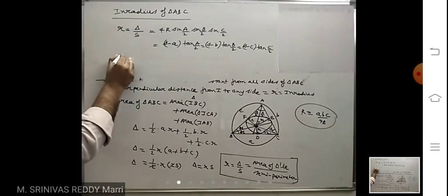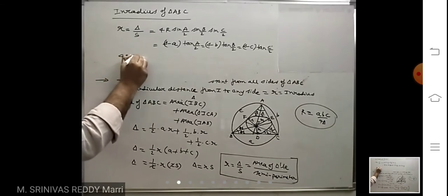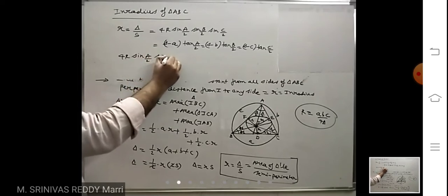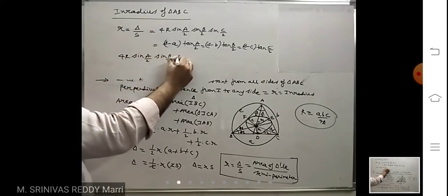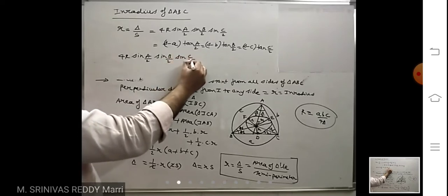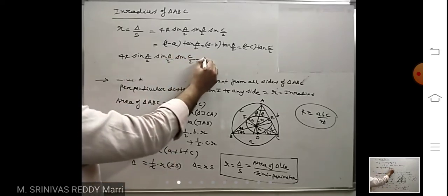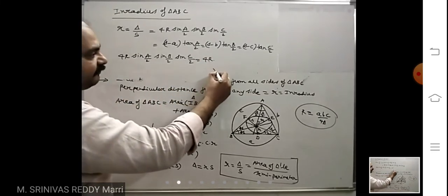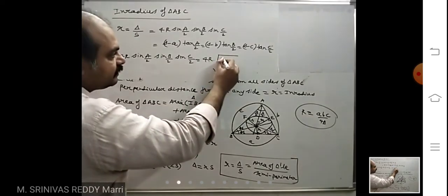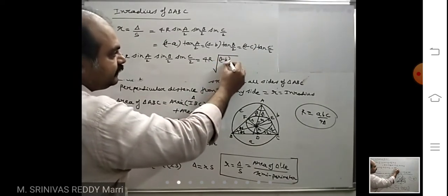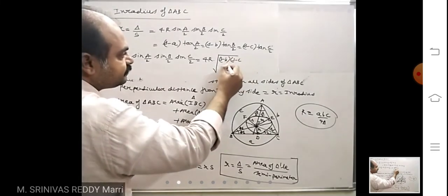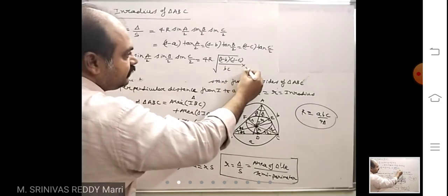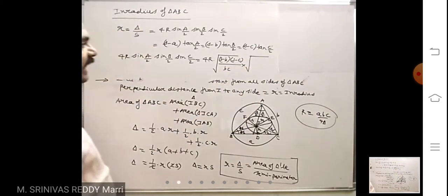Suppose I am taking this one, 4R into sine A by 2. Half angle formula I told yesterday. Sine A by 2 is nothing but root of S minus B into S minus C divided by CA... into root of sine B by 2.